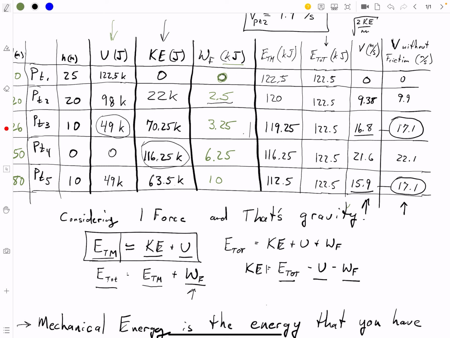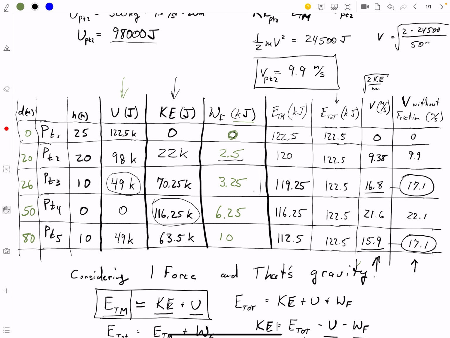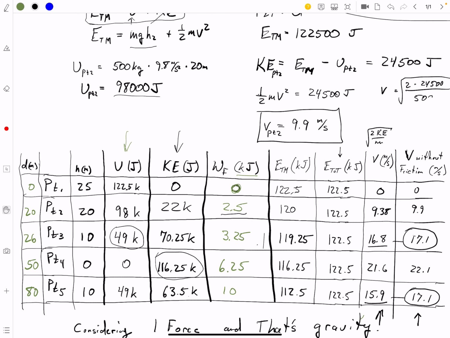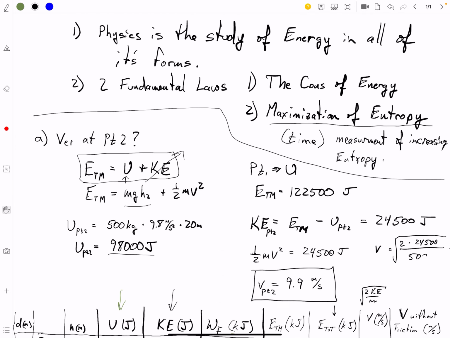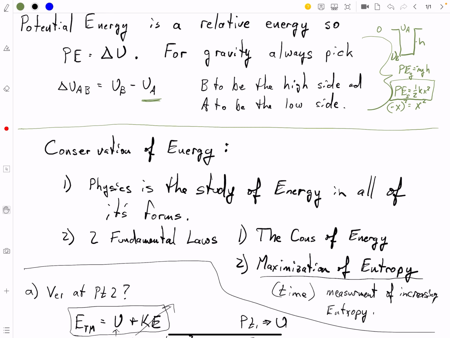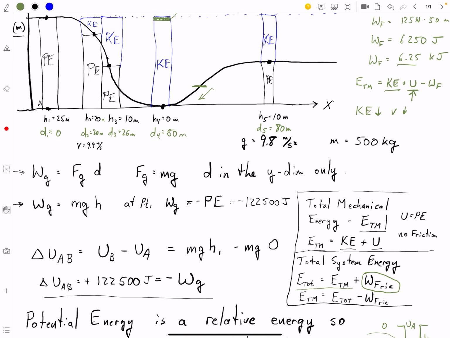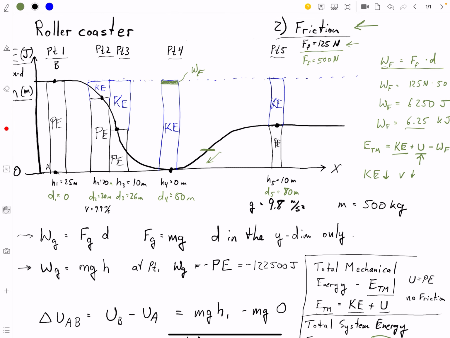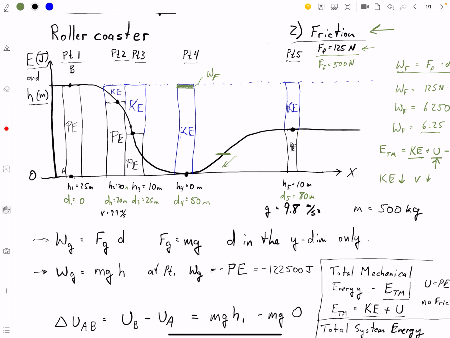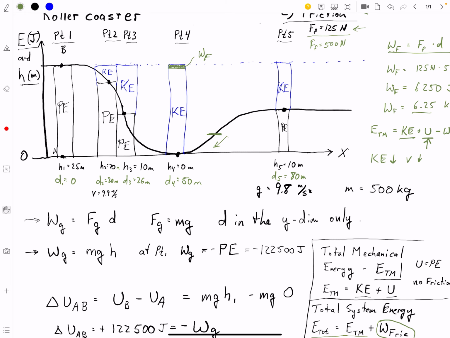So, we have looked at this, and we've done the table. You want to know how to figure out every single bit of that table, and you can create your own little roller coaster and make up your own numbers. One other thing that I want to show is these guys right here.